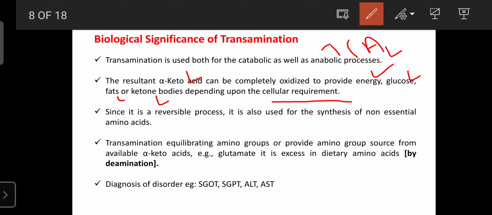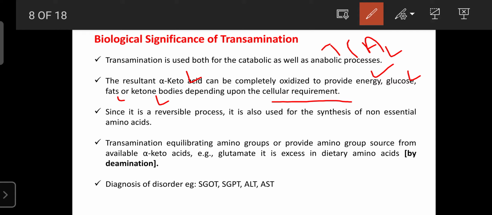Then they are involved in the synthesis of new amino acids, glucose, fats, ketone bodies, as well as the synthesis of ATP. So that is another significance of the transamination reaction: it is helpful for the production of energy and the synthesis of glucose, fats, or ketone bodies.